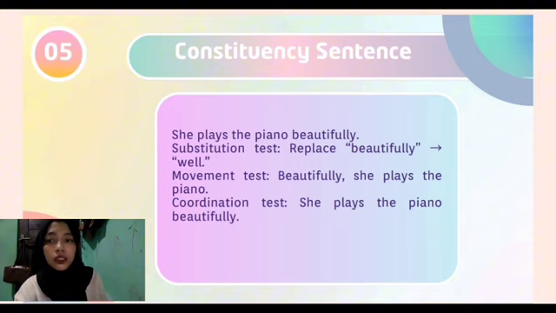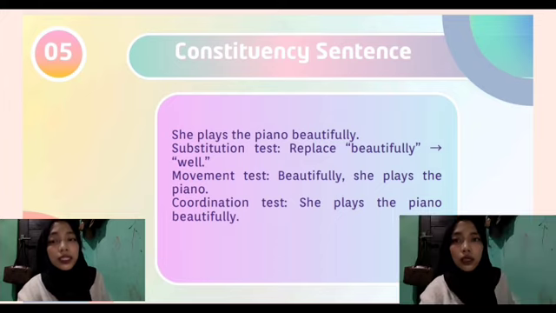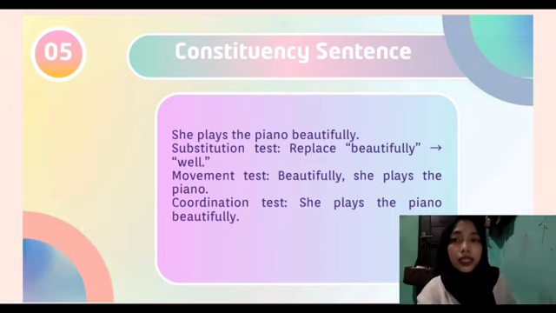And the next is constituent tests. Let's take the example, "the cat sleeps on the sofa." The substitution test: we can replace "on the sofa" with "there." "The cat sleeps there." This proves "on the sofa" is a single unit.